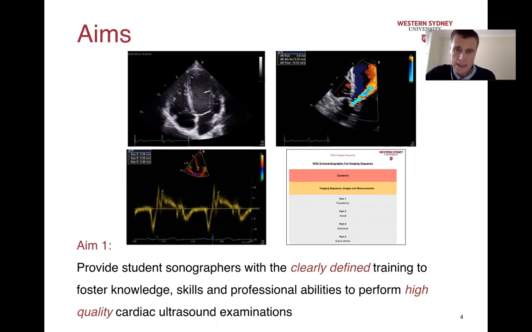The little image at the bottom reads WSU echocardiography full imaging sequence. When you come on campus for the first time, in April, and I'll give you the dates shortly, I'll go through a full imaging sequence, which is the images that we will be expecting you to be able to acquire at the end of the year in an exam situation.